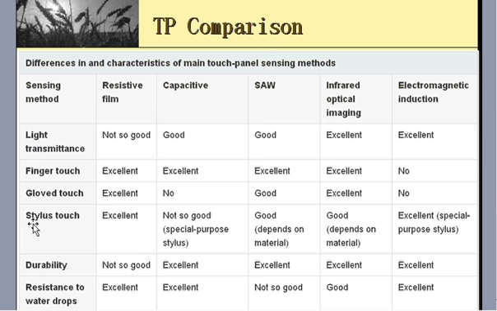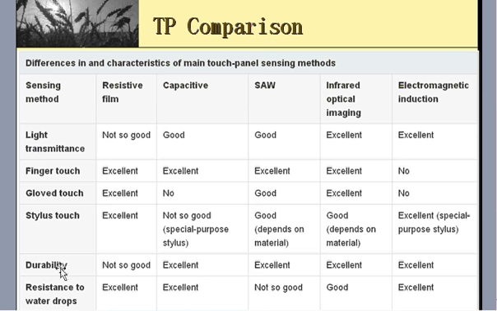For stylus touch, resistive is excellent, but capacitive is not so good, for the same reason. There is no capacitance there. But we can use a special purpose stylus to transfer the human body capacitance to the stylus.